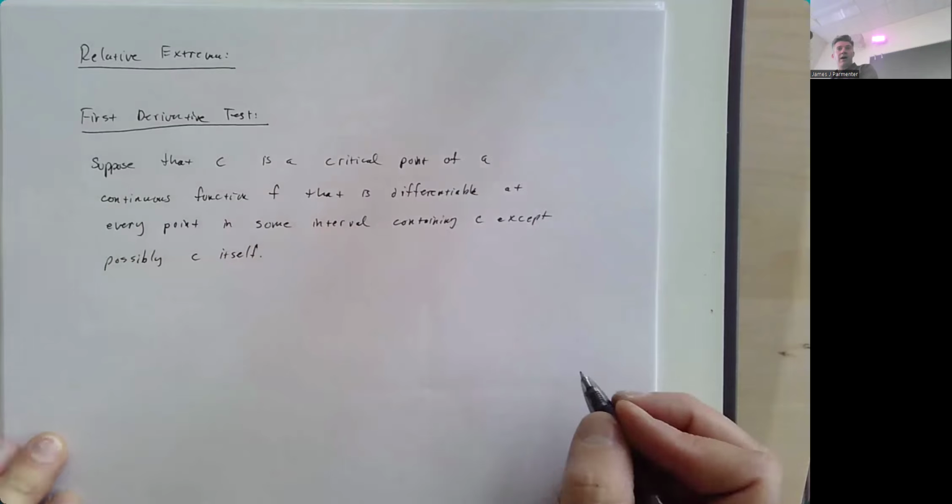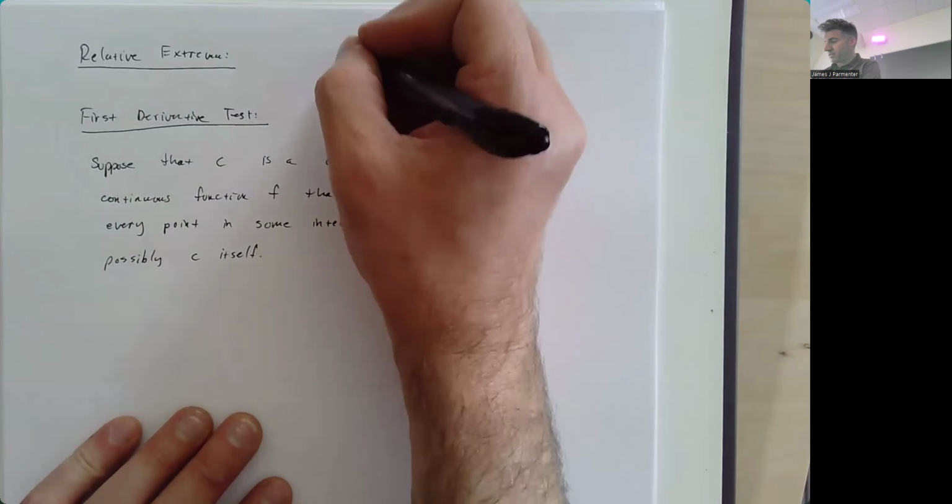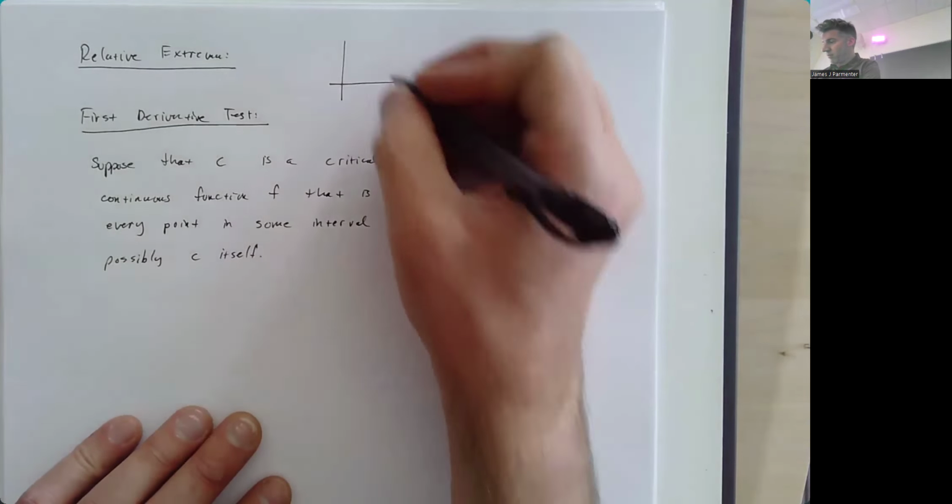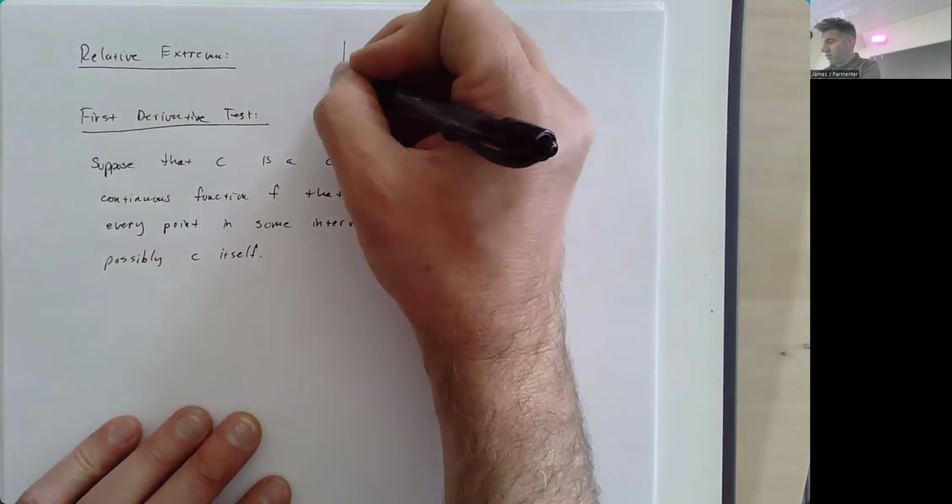So you might be thinking of a picture like this, where you have something that maxes out like that, and there's your C. That function is continuous on some interval containing C and differentiable everywhere around C and also at C. This one's totally differentiable at C the way I've drawn it.